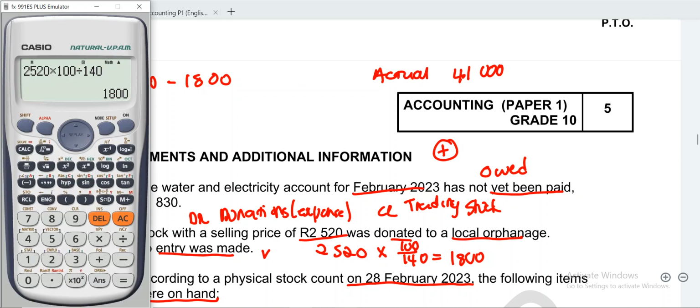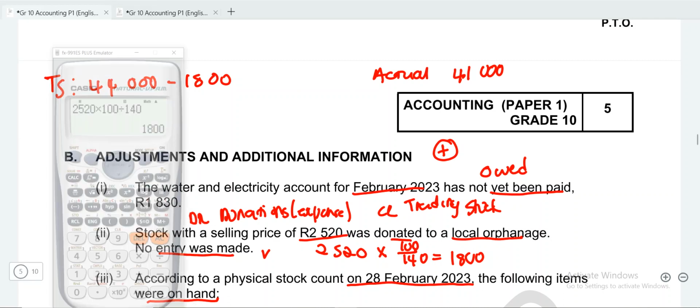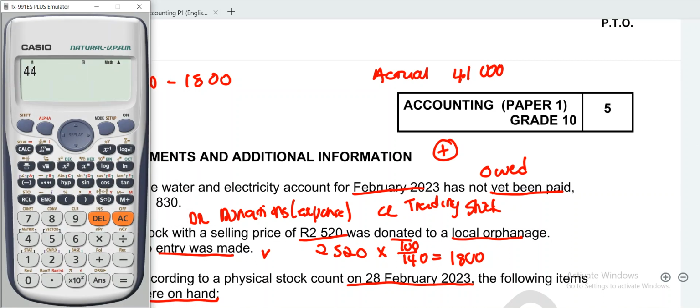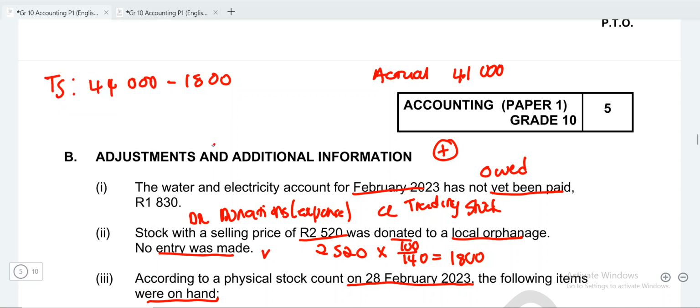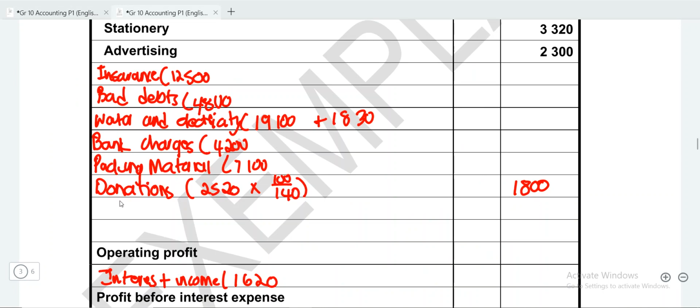So now if we say 44,000 minus 1.8, it is giving us 42,200. So we were supposed to get 42,200, but we are actually getting the stock that amounts to 41,000. So which means that there is some stock that is missing, and whenever there is some stock that is missing, we're going to have trading stock deficit.